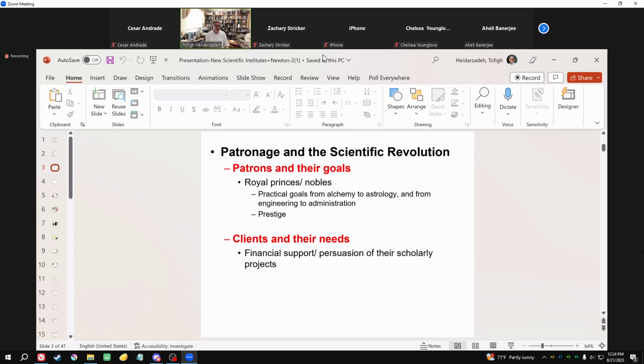And okay, Descartes is in my court. So a combination of practical goals that they had, and at the same time prestige, led these courts to hire or to bring these famous people into their courts. At the same time, these people actually found a better job there. It was a win-win situation.